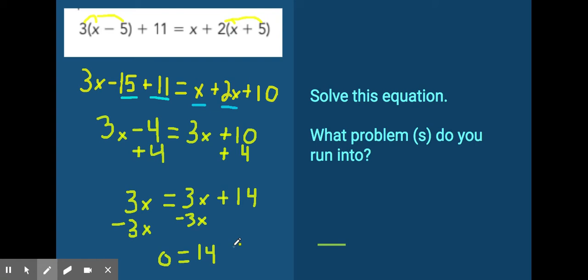I think like -2, -6, or I think you also will get -14 equals 0. But no matter what you do, you're going to end up with two constants that end up not equaling each other. So since this is not a true statement, there is no solution here.